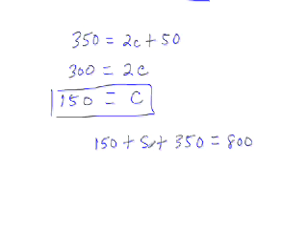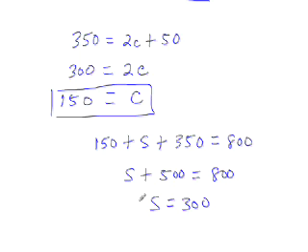Adding these two values gives us 500. So S plus 500 is equal to 800. Subtracting 500 from both sides, S is equal to 300. And there I have all 3 of my variables solved for.